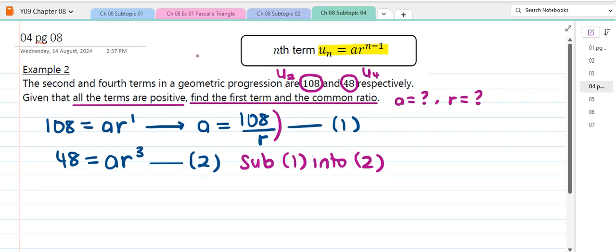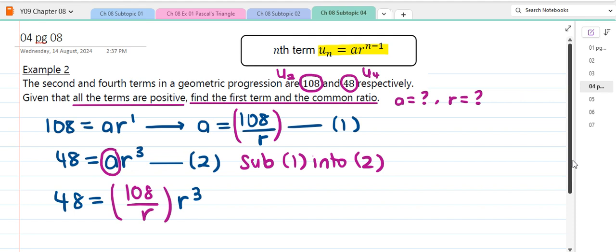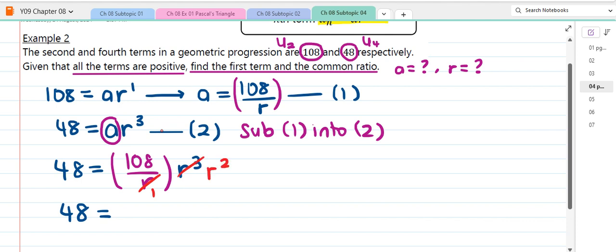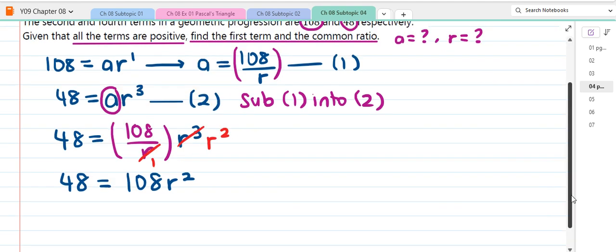Equation number 1 has A as the subject, so you replace A in your second equation. So 48 equals 108 over R, times R cubed. Simplifying, dividing R cubed by R, you will get R squared. So you have 48 equals 108 R squared.